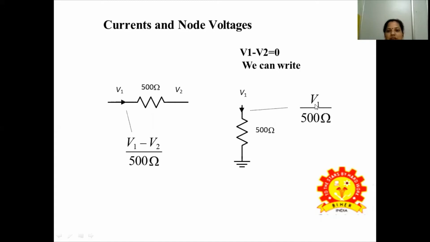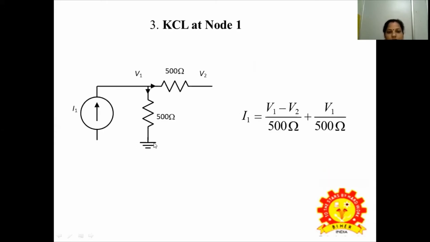The current between nodes can be written as V1 minus V2 divided by 500 ohms. KCL at node 1: I1 equals (V1 minus V2) divided by 500 plus V1 divided by 500 ohms.